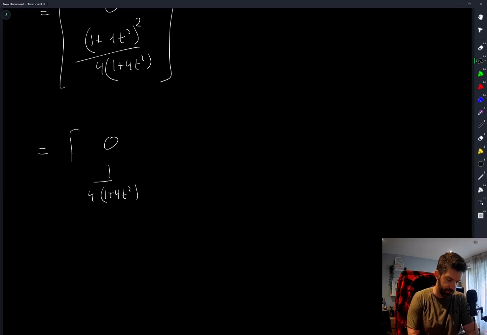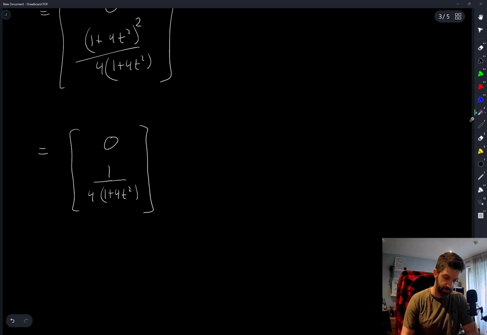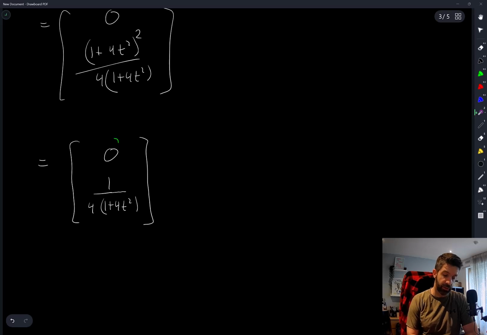Okay, and there's the result of multiplying the rotation matrix by the vector v. Somewhat surprisingly, we get a 0 in the first coordinate.